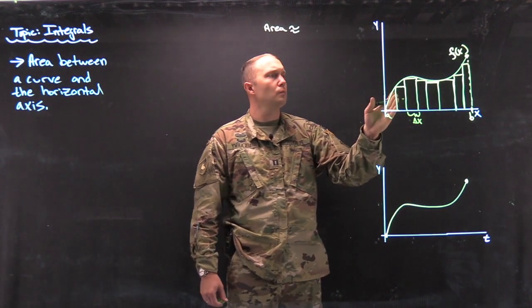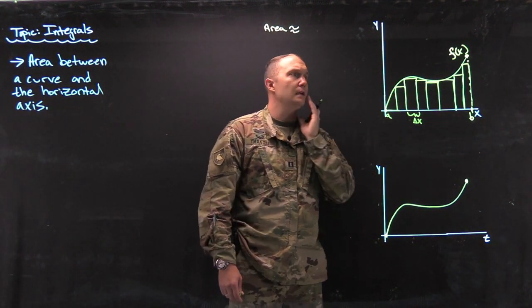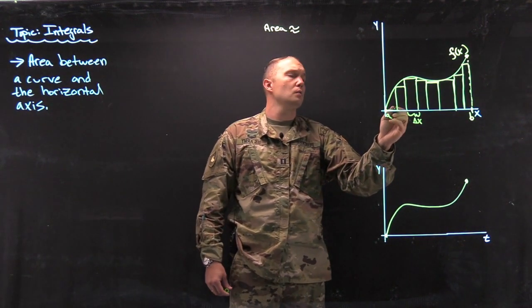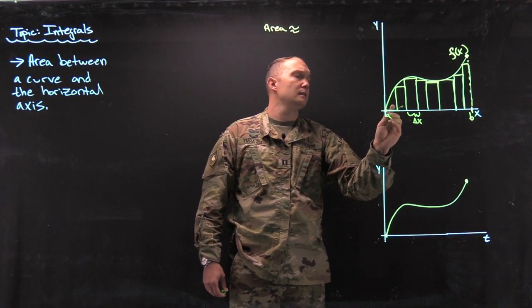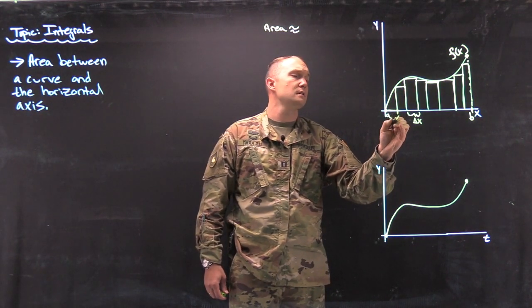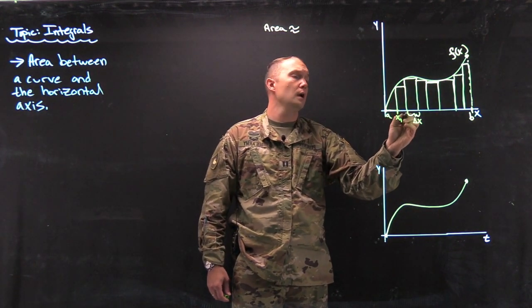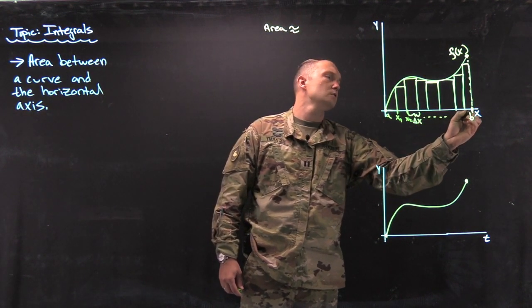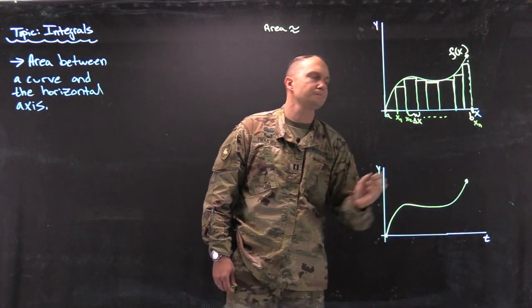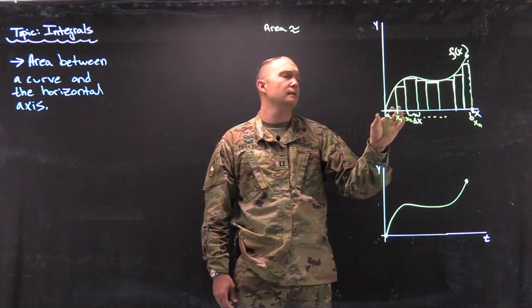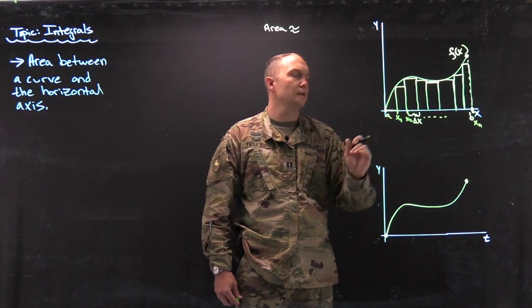And we have a finite number of rectangles to conduct our estimation, and so really we've split the x-axis into some intervals here, and we'll say this is the value x sub 1, this is the value x sub 2, all the way down to x sub n.